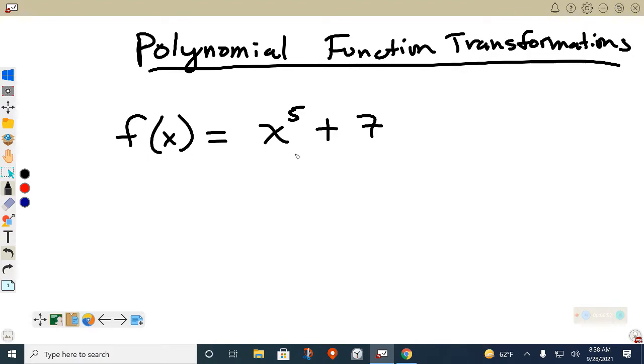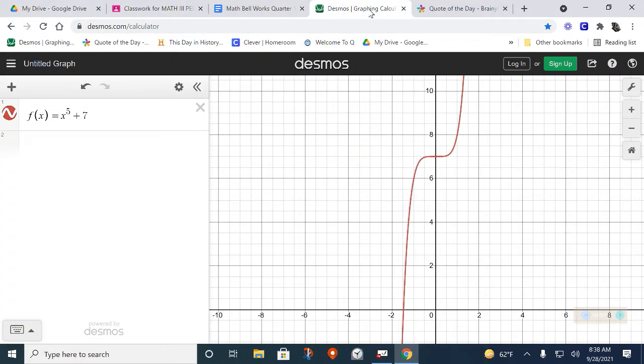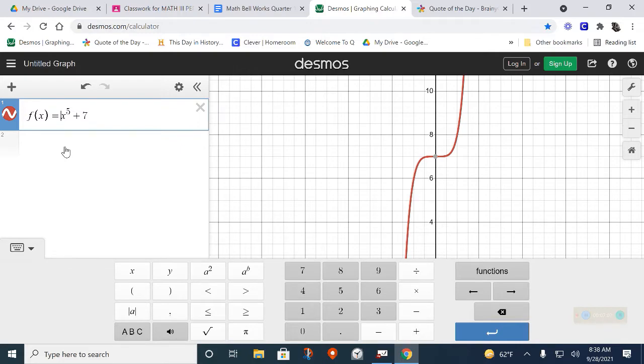Polynomial function transformations. So let me go to my graphing calculator here. Watch this. If I just make x negative like this, if I just put a negative, watch what happens. Let me do that again.